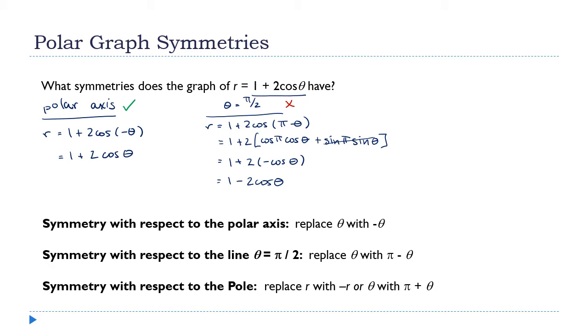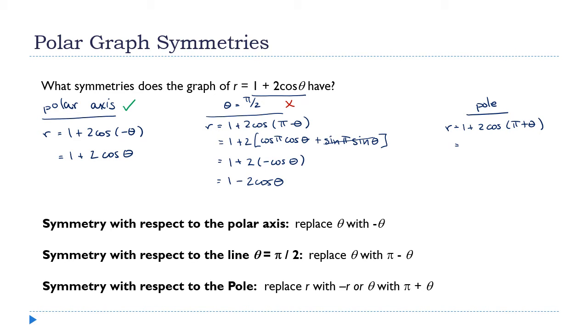All right, so one more. Replacing r with minus r, I don't think is going to be very helpful here. It's not going to be very easy to manipulate if we do that. So I'm going to go with the other rule to test the pole. I'm going to replace theta with pi plus theta. So this is r equals 1 plus 2 cosine of pi plus theta.